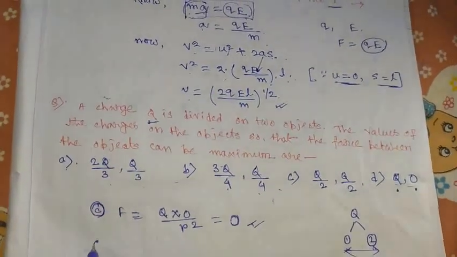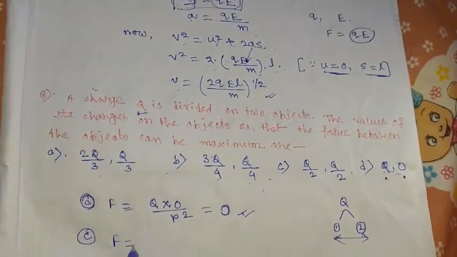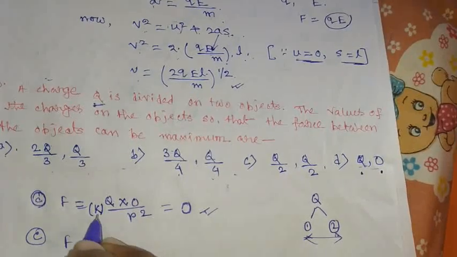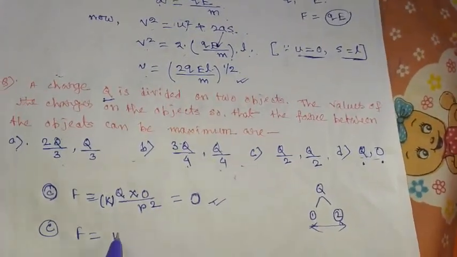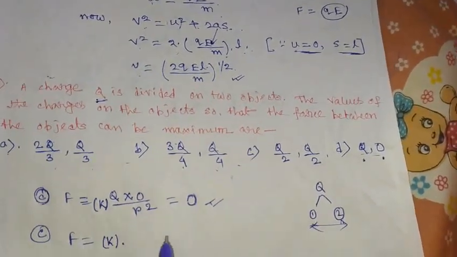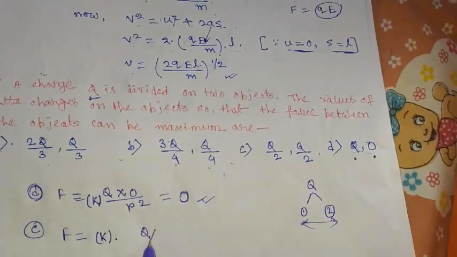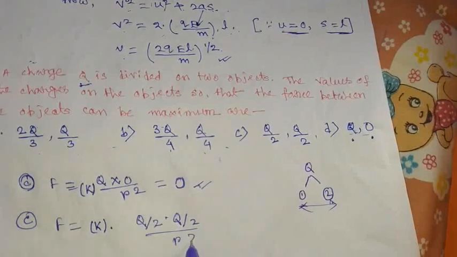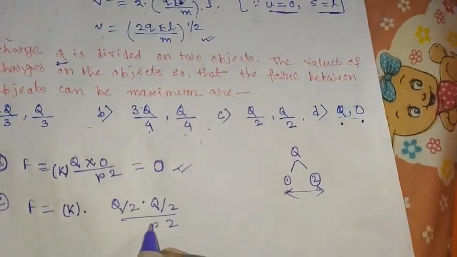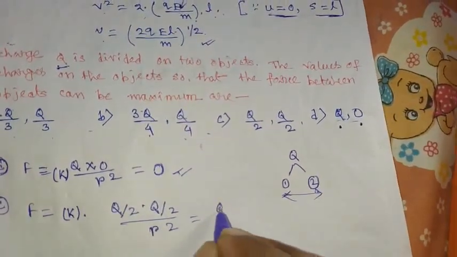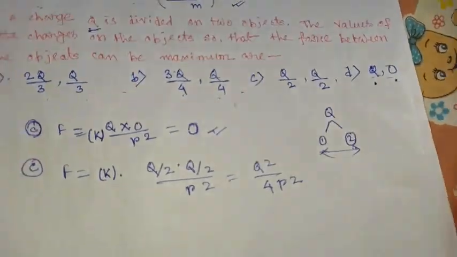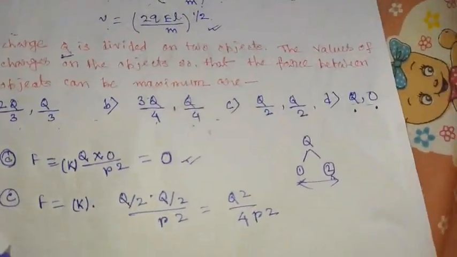From option C, the force F, where a constant is there and we neglect the constant, is Q by 2 into Q by 2 over r square, because some distance is between them, so that is Q square by 4 r square.